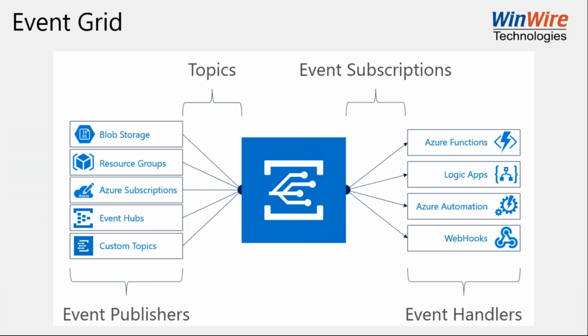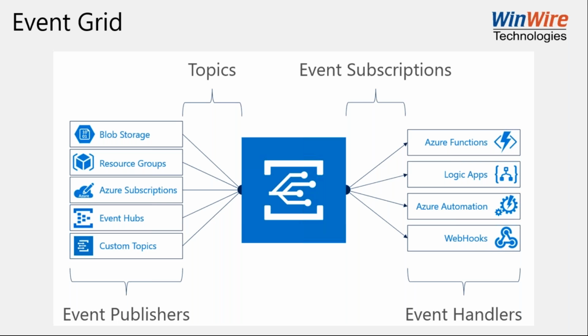So this is a picture taken straight out of Microsoft documentation, and what it says is there are 3 or 4 key things, right? So you have event publishers on the left-hand side. These are the services where the event is happening, like an image coming into blob storage, and then topics are the endpoints where the publishers send the messages, right? So there could be a variety of topics, different types of topics.